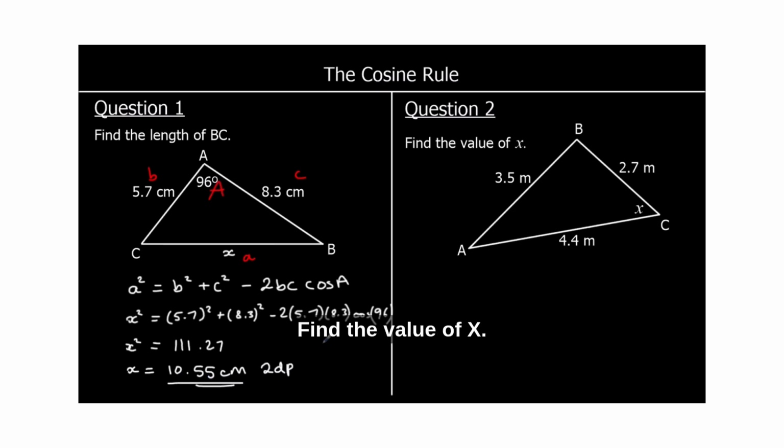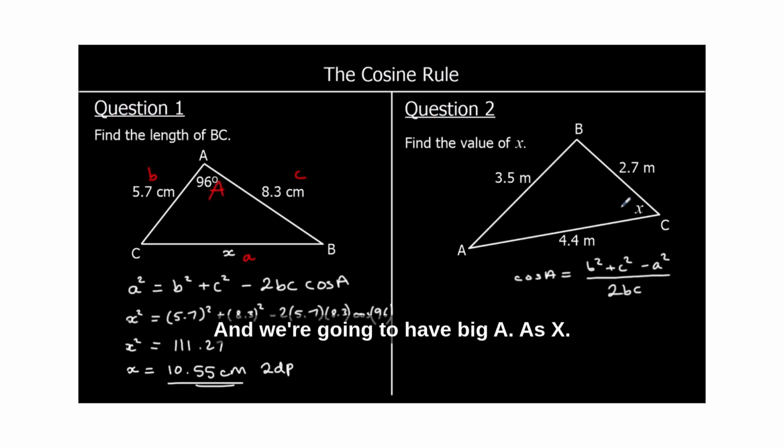And question 2, find the value of x. So we're finding an angle, and we know all 3 lengths, so we can use the cosine rule. I'm going to use the rearranged version, which is cos A is b squared plus c squared minus a squared over 2bc. And we're going to have big A as x, the angle, little a opposite it, and b and c either way round as the other 2.